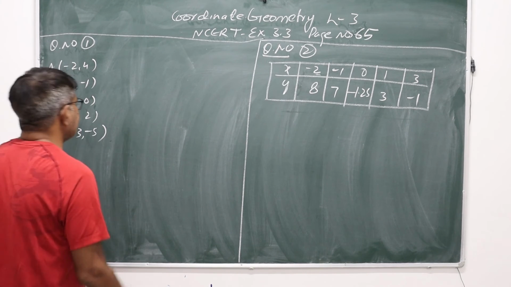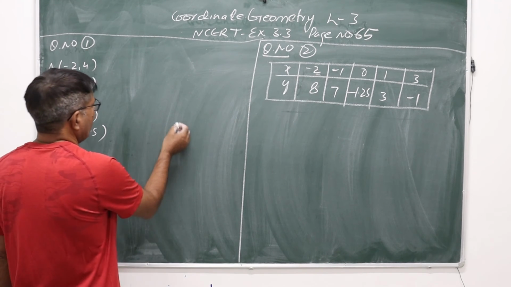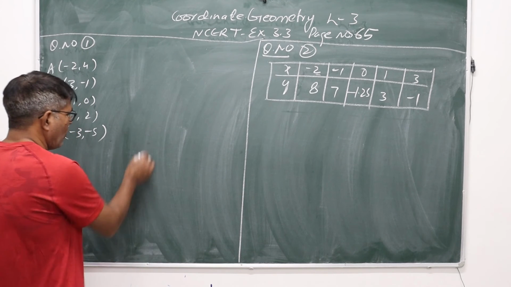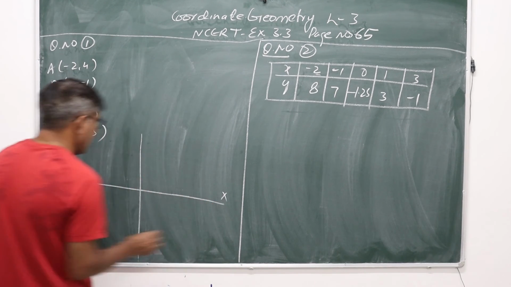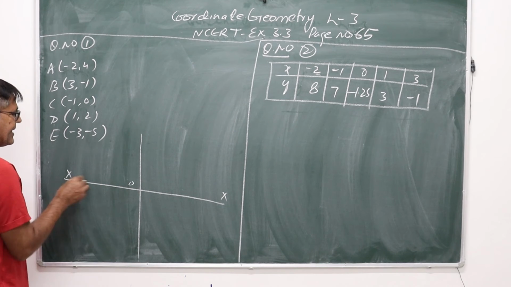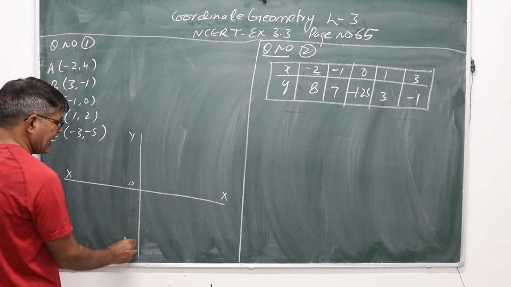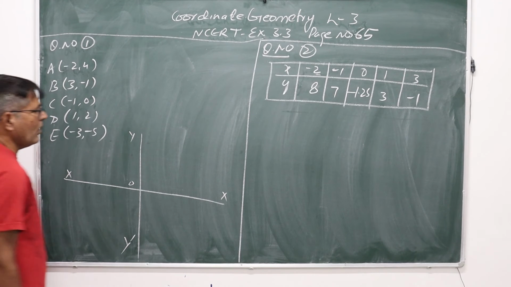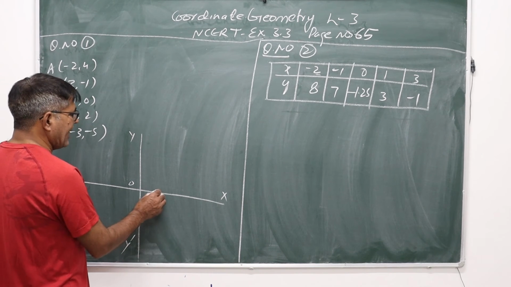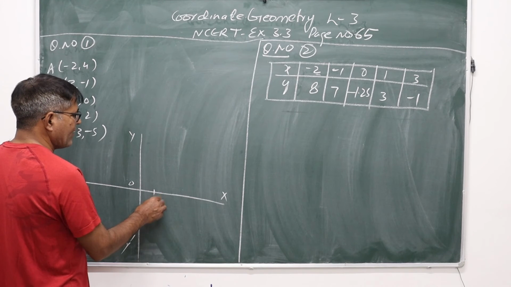So as per the example we just did, what we have to do? First we have to draw two mutually perpendicular lines. This is XOX', that is x axis, and this is YOY', that is y axis. The points are given. So first of all, we will take scale on x axis. 1 unit is equal to 1 centimeter.